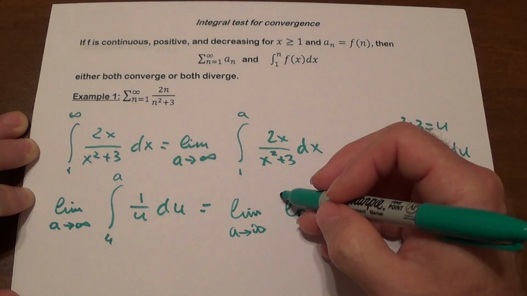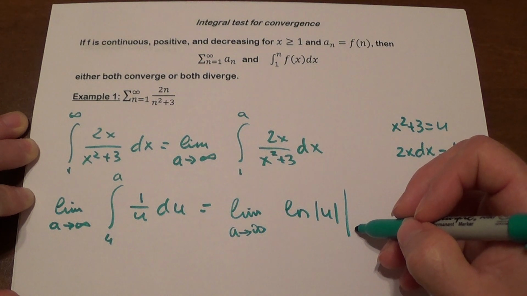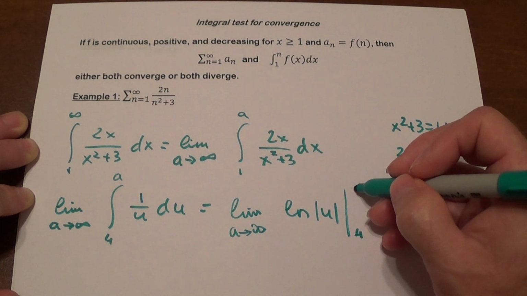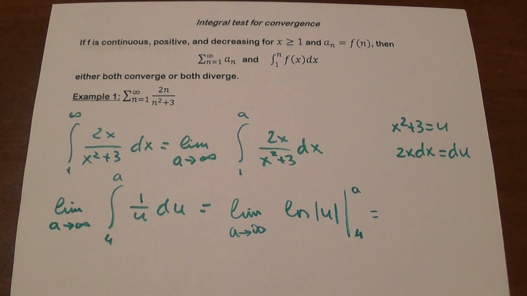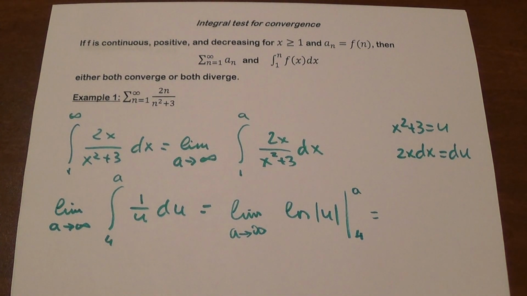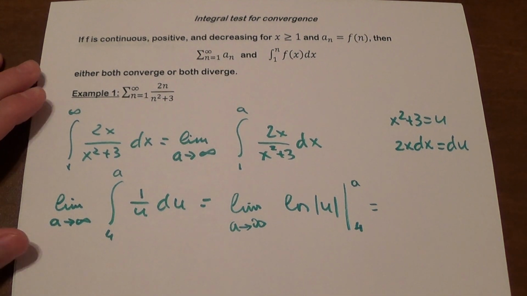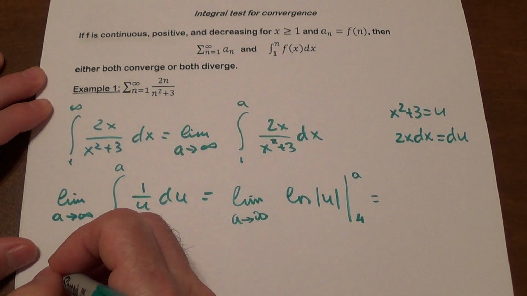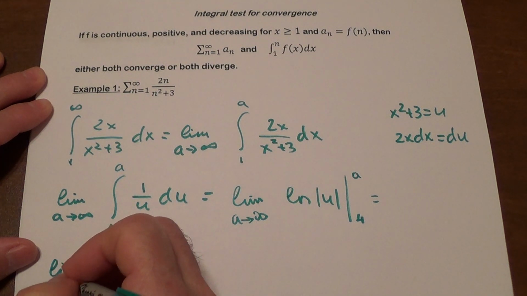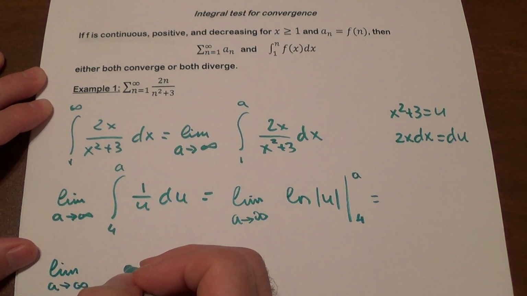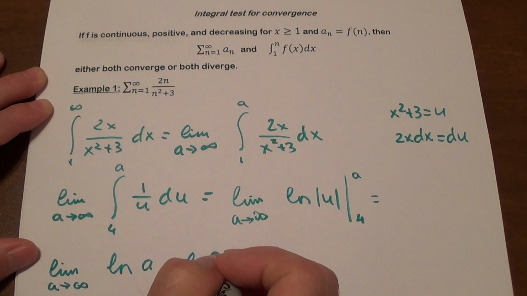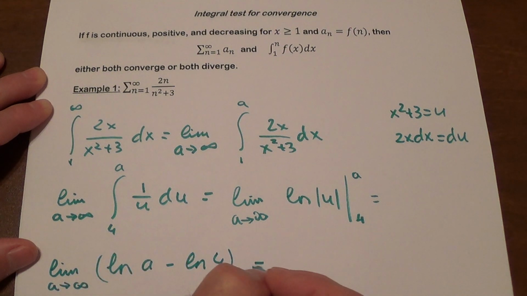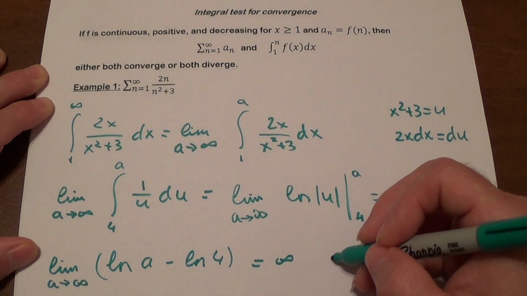You actually don't need the absolute value here because it is going to be positive all the time since you go from 4 to infinity, but it won't hurt. Okay, so we're going to get the limit as a approaches infinity of ln a minus ln 4, and we know a goes to infinity, so this whole thing goes to infinity, and this is going to diverge.